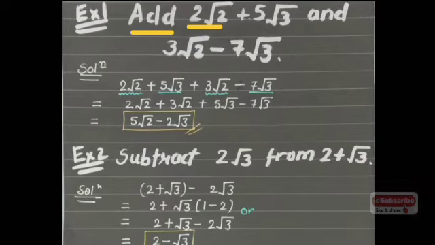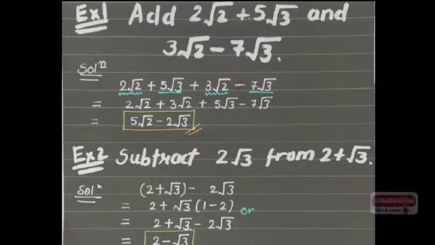Addition is not so simple because we don't know the actual values of these root terms. So we combine like terms, the same roots, in one place: 2 root 2 plus 3 root 2 at one place, and 5 root 3 minus 7 root 3 at another.